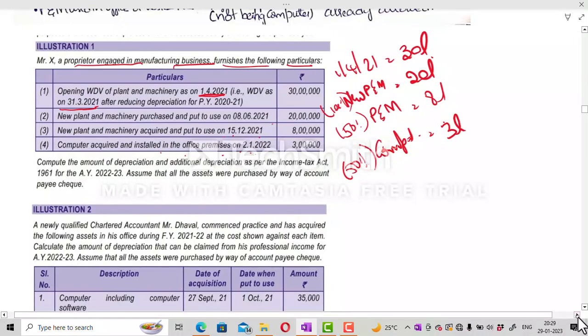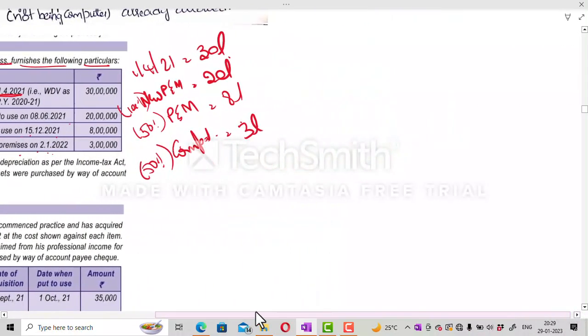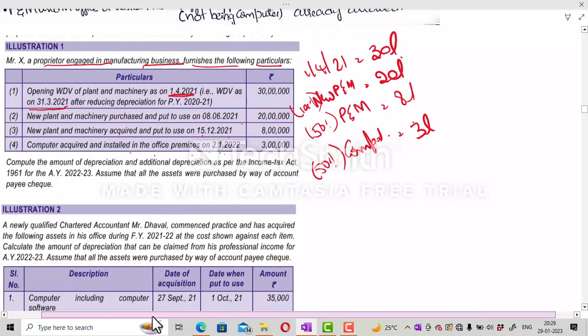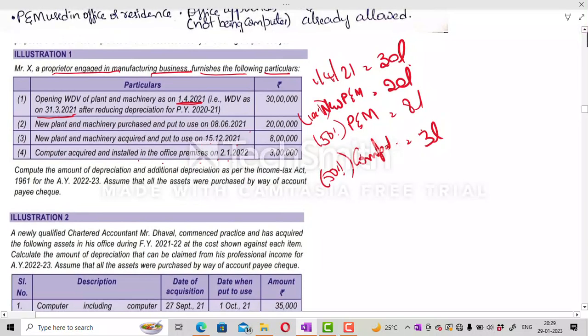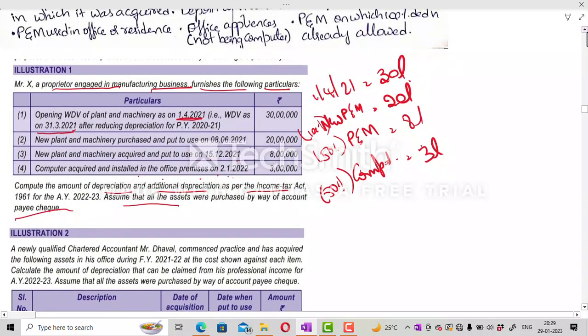See, what you have to observe here. We should calculate the normal rate of depreciation and compute the amount of depreciation and additional depreciation as per the Income Tax Act. Assume all the assets are purchased by way of account payee cheque, means eligible mode of payment. Normal depreciation: first, we should remember the rates.